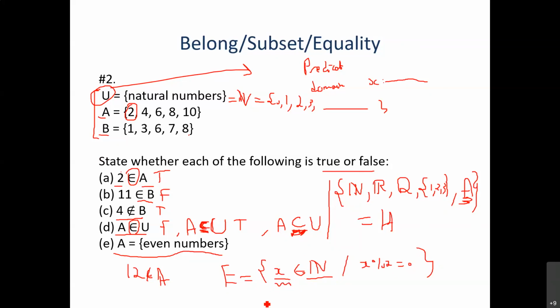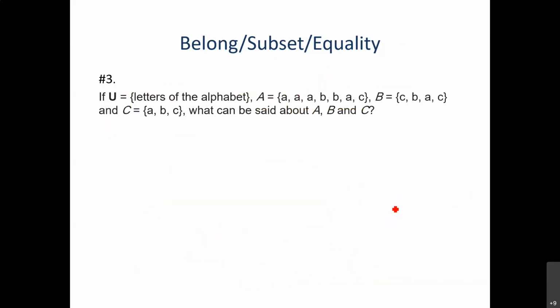It's in N. But we added, such that, an extra restriction, either a slash or two dots, such that x modulo 2 is 0. So x is even. Any problems so far? Okay. If you have any problem, as usual, please ask me.